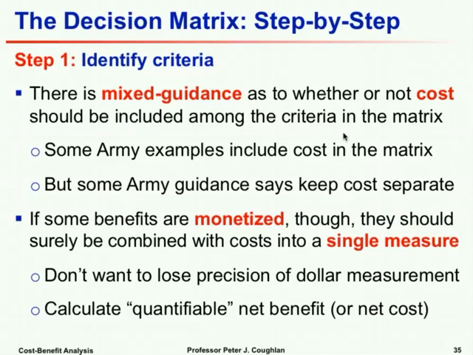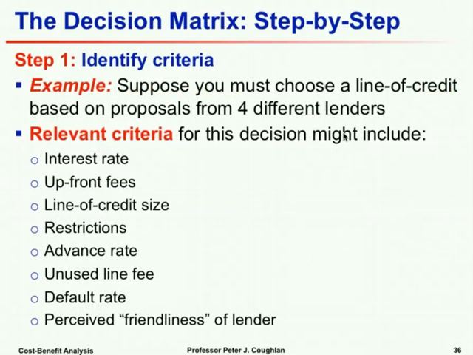But the point is, don't have multiple entries. If you've got some monetized costs and monetized benefits, don't have them as separate entries in your decision matrix, because all you're doing is clouding the issue and losing the precision that you get from things that are monetized. So consider this example, and we'll carry this example through each of the 5 steps.